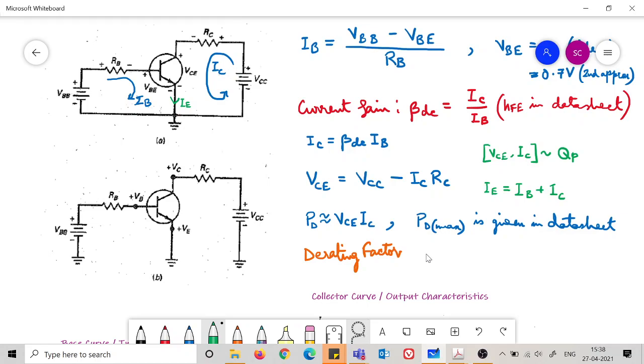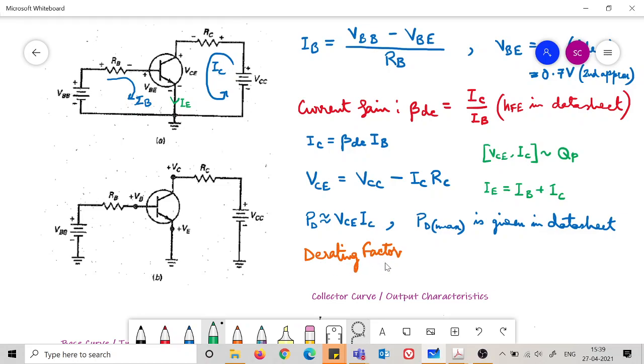Now when the temperature increases, the maximum power dissipation capacity of the transistor decreases. So as the temperature increases, this PD max is decreasing. By what factor it is decreasing? That is the derating factor.